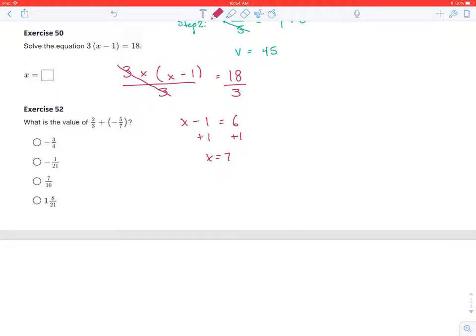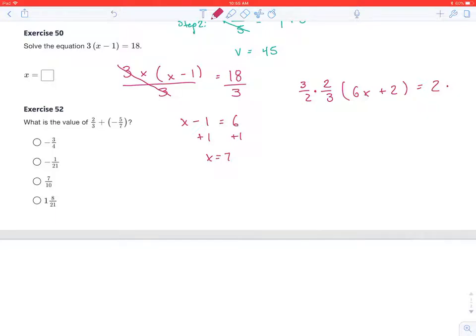But I was able to do that by first getting rid of the number outside of the parentheses, and this comes in really handy when the number outside of the parentheses is a fraction. So let's say we had something like 2/3 times the quantity of 6x plus 2 is equal to 2. Well, instead of multiplying that 2/3 out to both of these numbers, I'll get rid of that 2/3 by multiplying by its reciprocal.